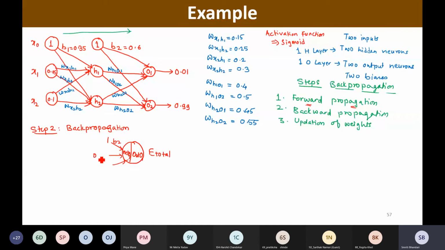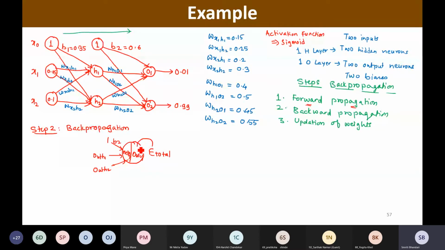Then we are having here output of H1, that is input for the output neuron, and output of H2, that is also input for the output neuron. Okay, and what simply we are going to do is, we are going to back propagate this error here, and then we are going to back propagate that error into the subsequent layers.